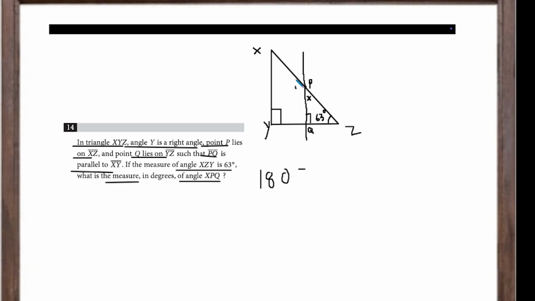The inside of a triangle is equal to 180 degrees. So we're going to have 180 degrees is equal to X, which is going to be our angle QPZ, plus 90 degrees, plus 63 degrees. Now we're going to simplify this equation. So we have 180 degrees is equal to X plus 153. Subtract 153 from both sides.